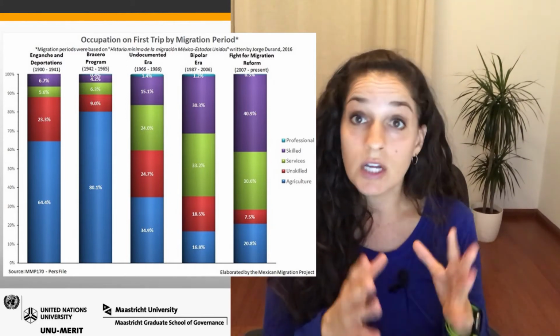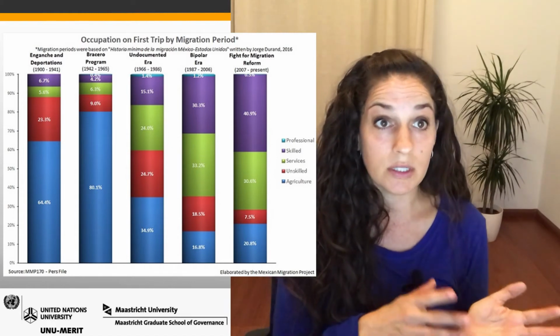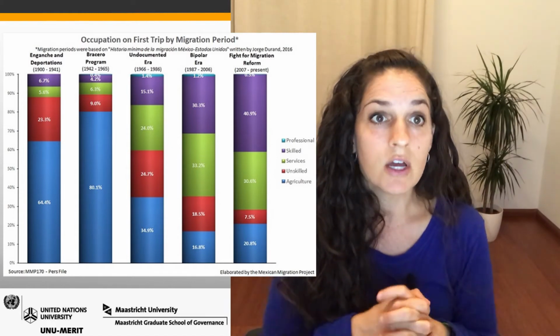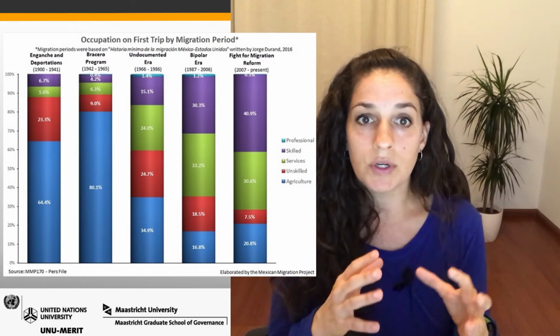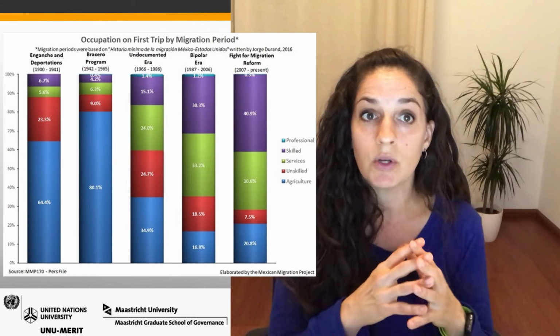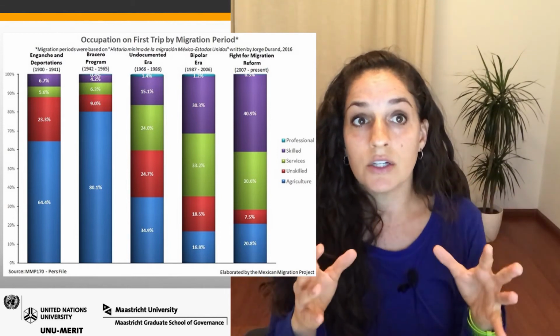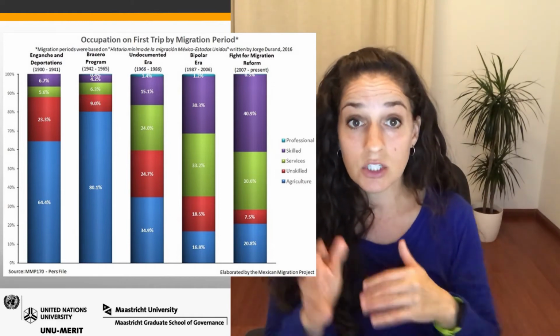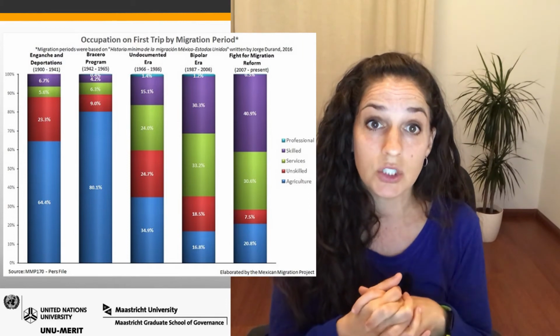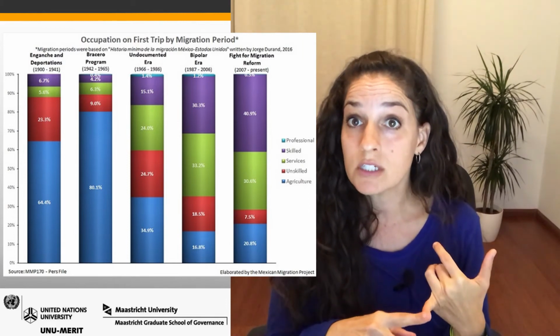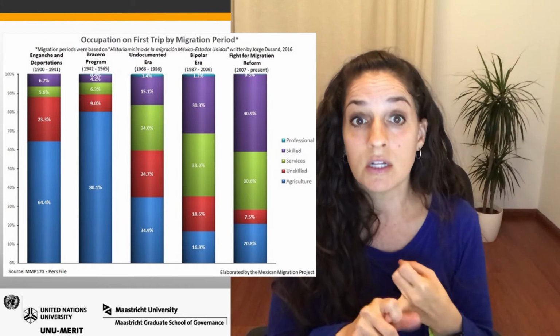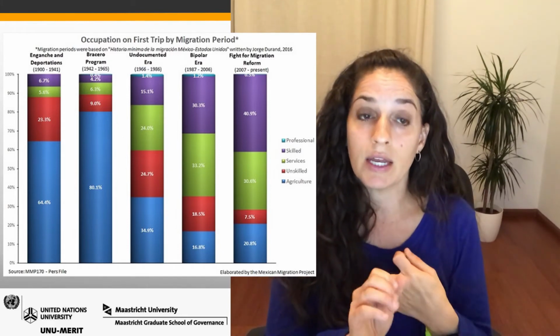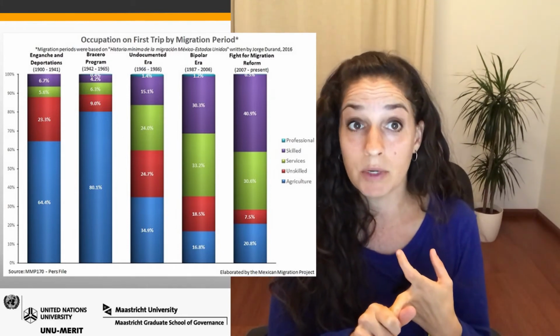This continued definitely during the Bracero program between 1942 and 1965, but then we start to see a bit more differentiation, especially when we go into this really undocumented era between 1966 and 1986. You already start to see more diversification. So you see services becoming more and more important, still general unskilled labor, and agriculture still playing a prominent role.